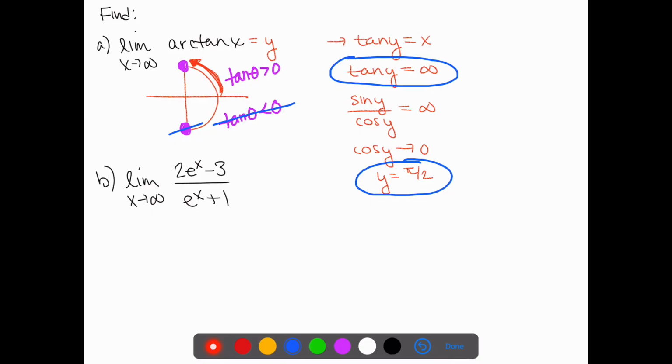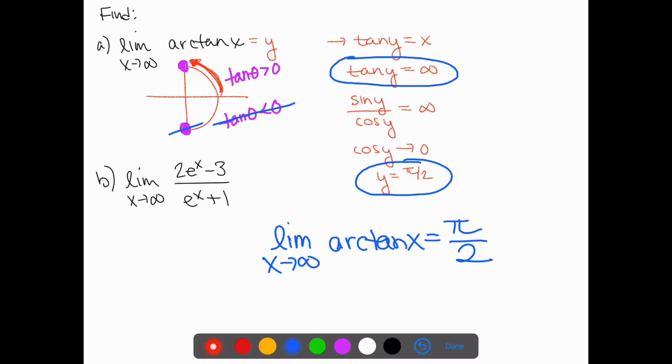So that means as x goes to infinity, arctangent goes to pi over 2, and that is our answer here. And let me just write that down for you. The answer, the limit as x goes to infinity of arctan of x equals pi over 2. That's the angle that gives us a tangent of infinity.